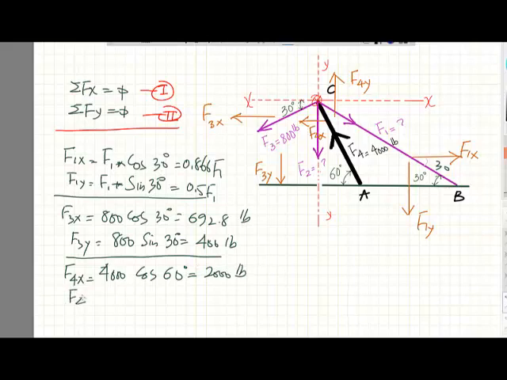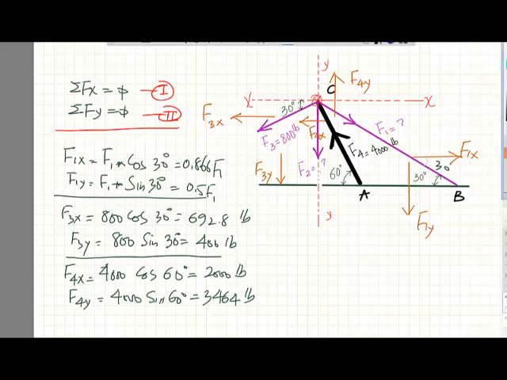And for F4y, it will be again equal to 4,000 pounds multiplied by sine of 60 degrees, and that is equal to 3,464 pounds. So now we have all the values for these forces, and we can update our sketch with these values.